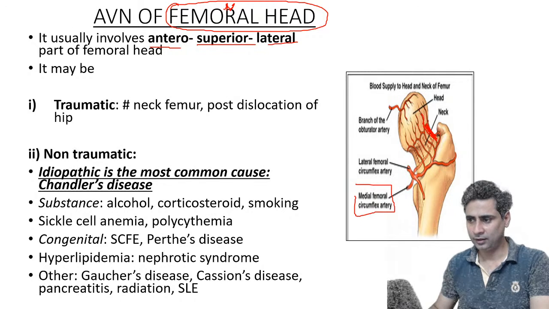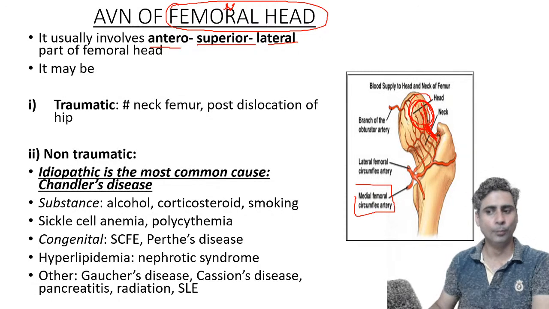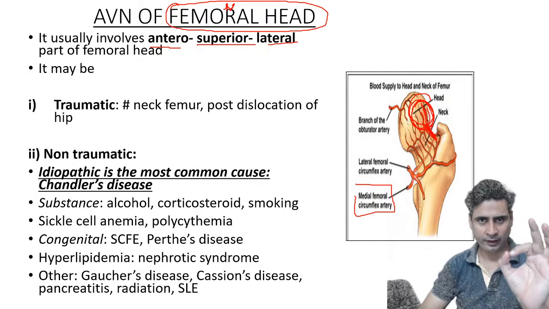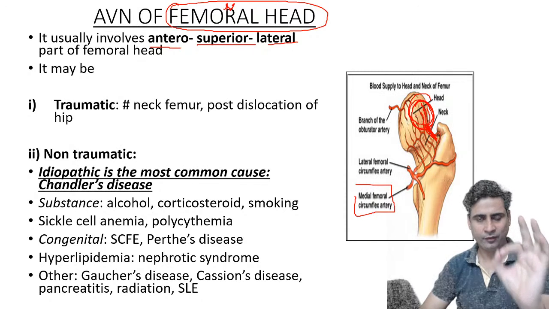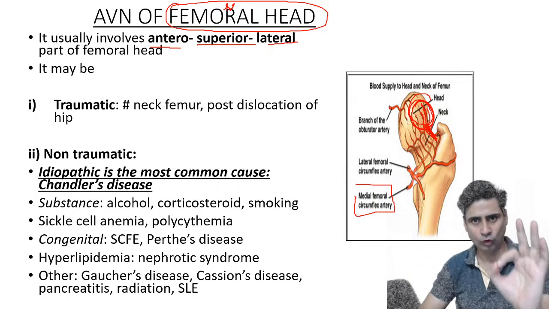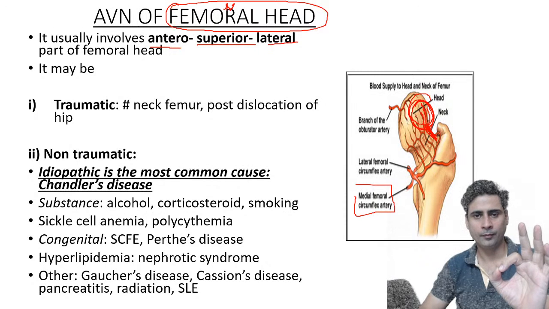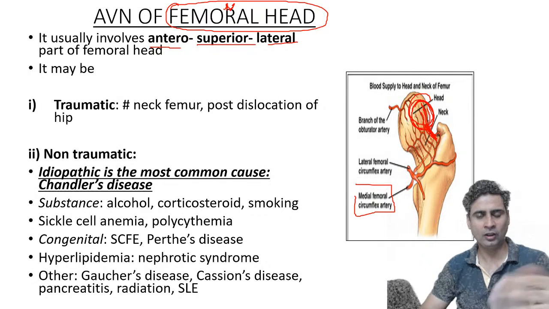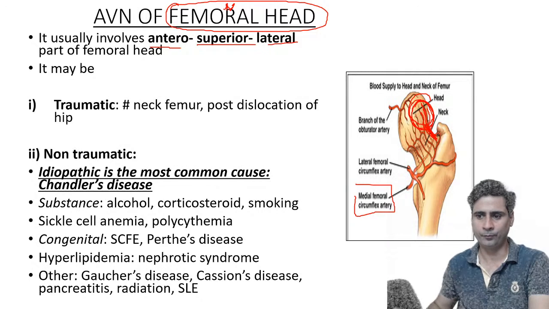Then this gives the lateral epiphyseal branch. So these are involved most commonly. That is why this area is involved most commonly. So in avascular necrosis, the medial circumflex femoral artery is involved. More specifically, the lateral epiphyseal or superior retinacular or ascending cervical part of the medial circumflex femoral artery.